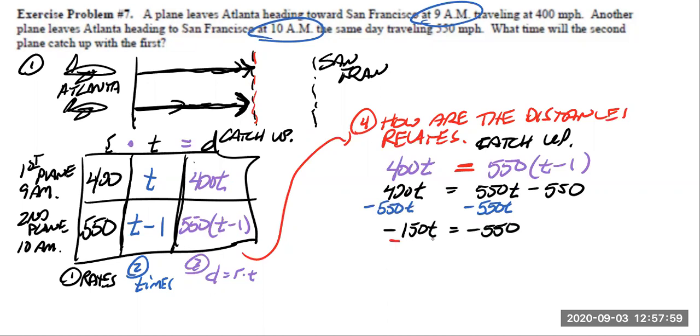And then dividing by negative 150, I get t equals, if we cancel the zeros, 11 over 3. So 11 over 3 is the same as 3 2/3 hours.